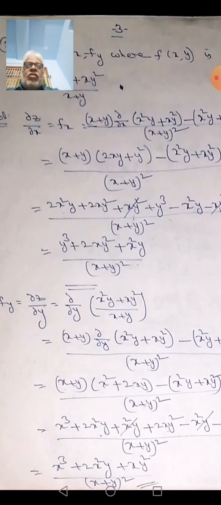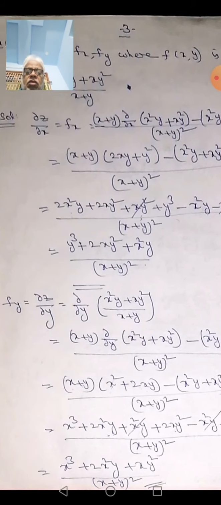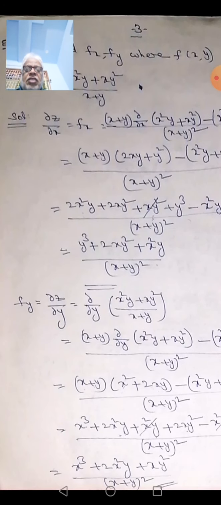In the above problem we differentiated with respect to x only. So dou by dou y of this: v square, that is x plus y whole square; x plus y times dou by dou y of x square y plus xy square, minus x square y plus xy square times dou by dou y of x plus y.